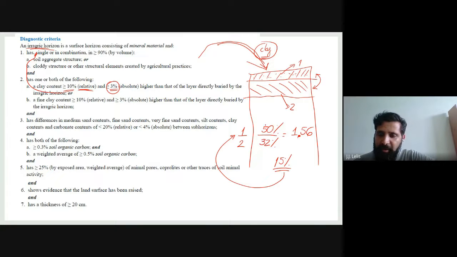So I have a difference of content of at least 3% in absolute terms, and at least 10% higher content of clay in relative terms. So we should follow these two conditions, okay?